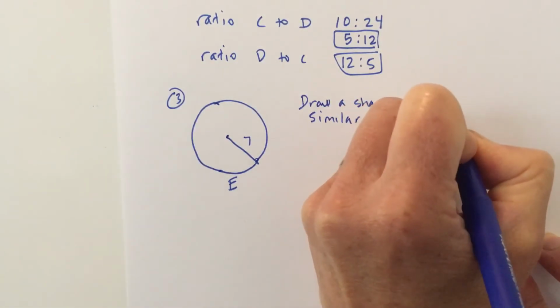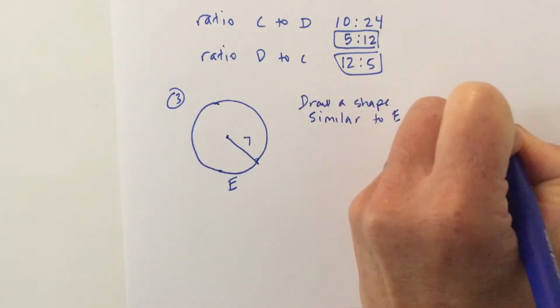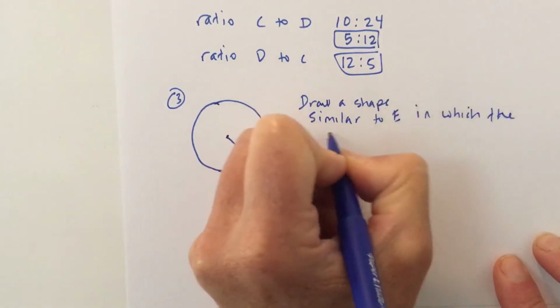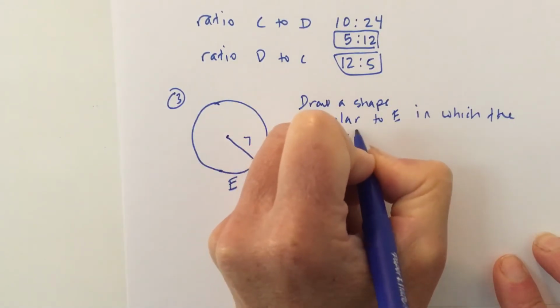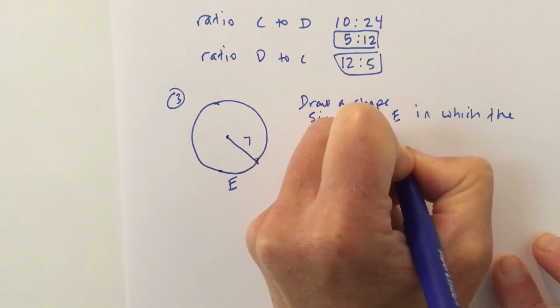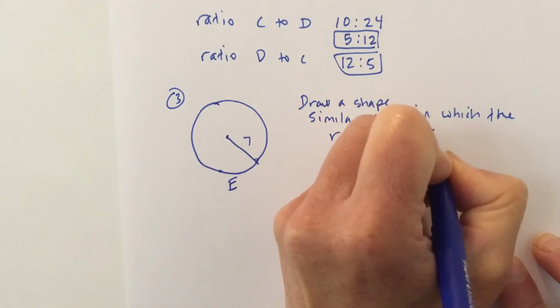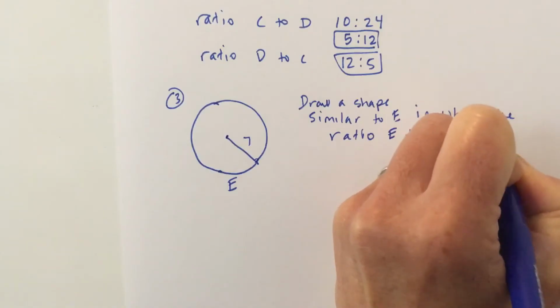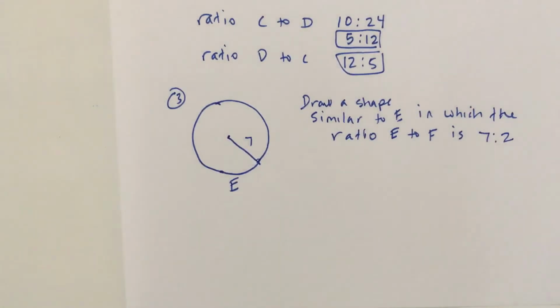In which, okay, the ratio, sorry, my handwriting is really bad. I'm writing on a wall. E to F is 7 to 2. Okay, so draw a shape similar to E, in which the ratio E to F is 7 to 2.